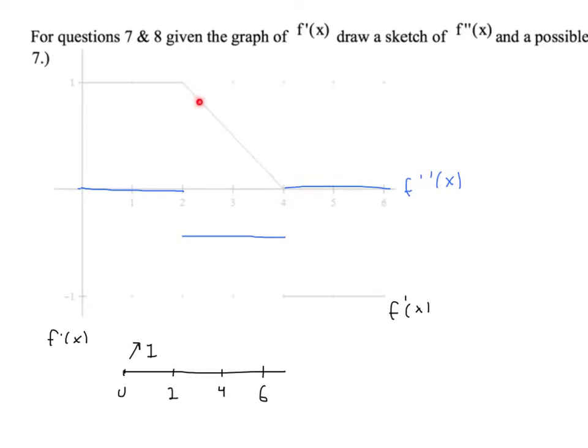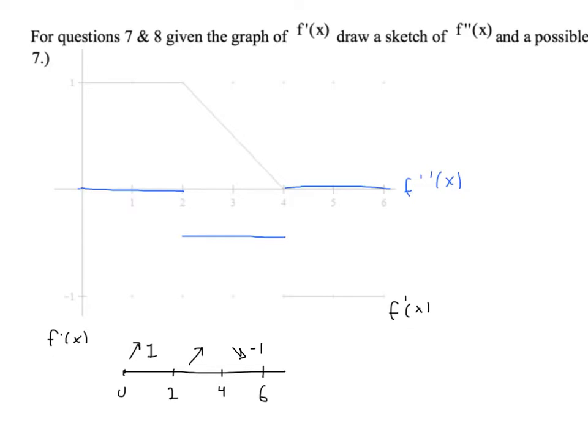Then in this interval, these numbers are negative because they're below the x-axis, so my slope is negative. And in fact, it's constantly negative 1.